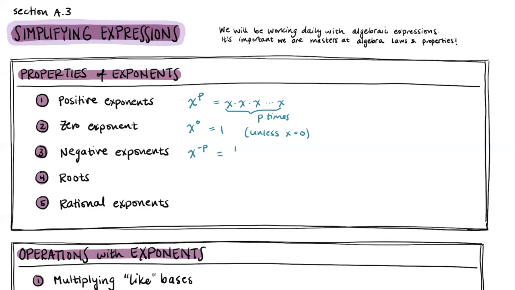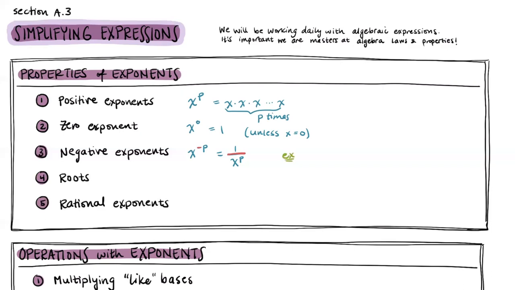So instead of writing x to the negative p, we can also write this in its fractional form, which would be 1 over x to the positive p power. Now, some people like to think of this as the negative sign becoming the fraction bar. Not really, but this might be a helpful way for you to remember that that's what a negative exponent means.